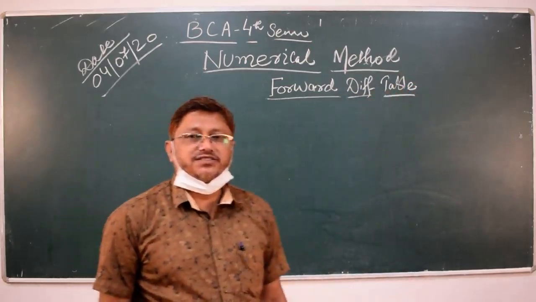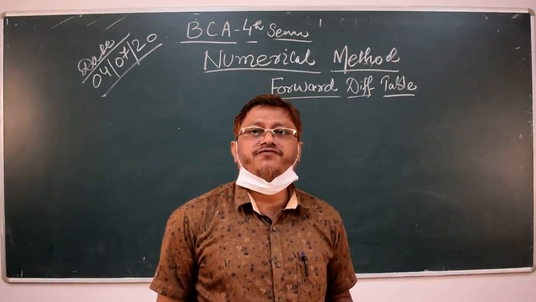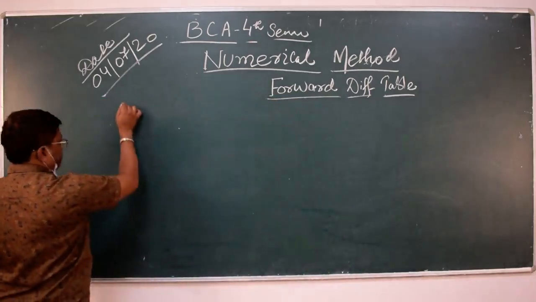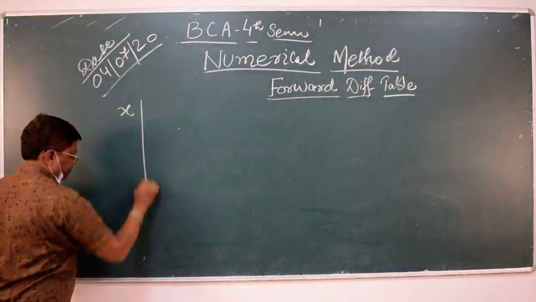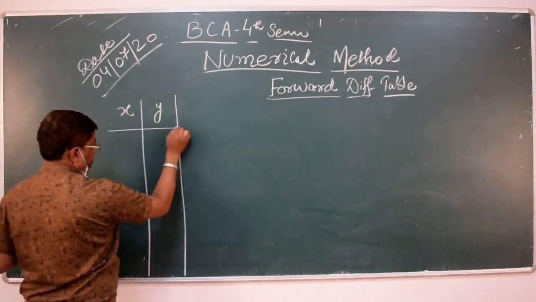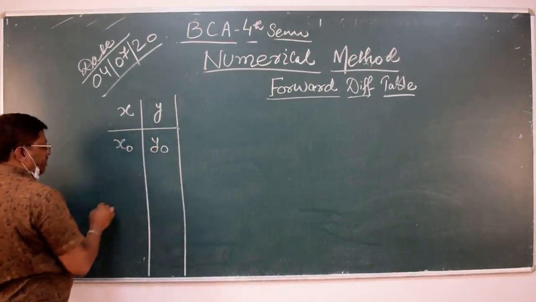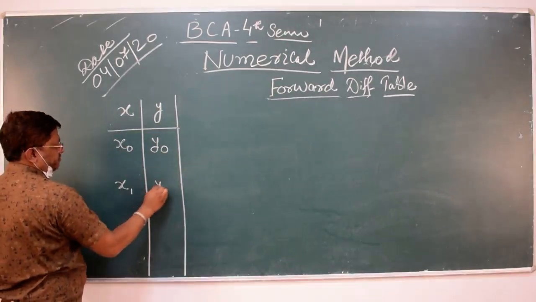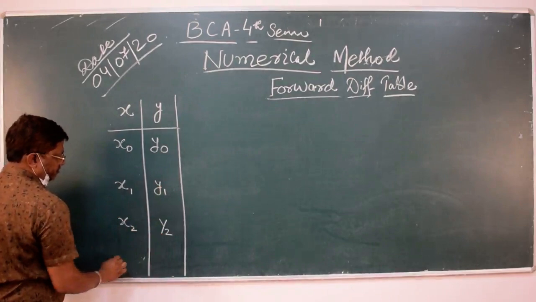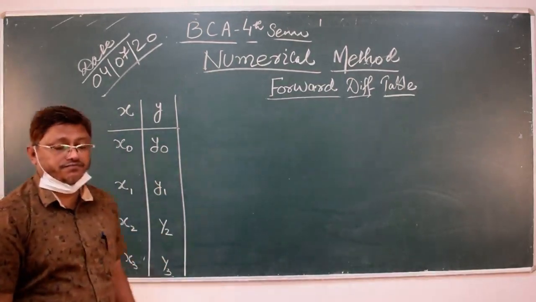Forward difference table. In this table, two columns are given in the question paper in the form of X and Y. The first column is called X, the other column is called Y. The values of X are given as X0, with corresponding value Y0, X1, Y1, X2, Y2, X3, Y3, and so on.